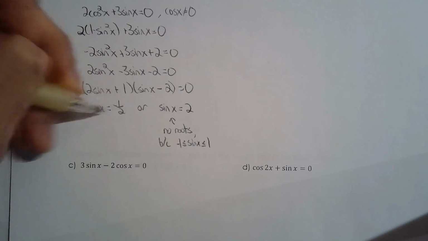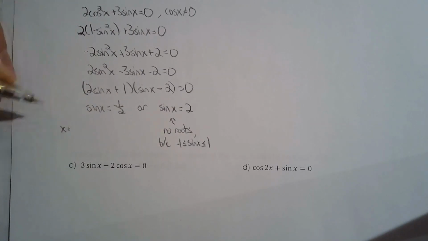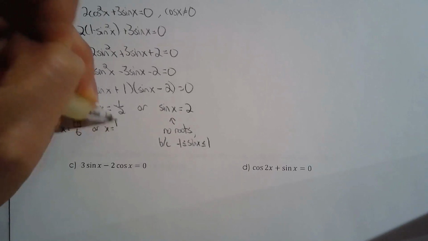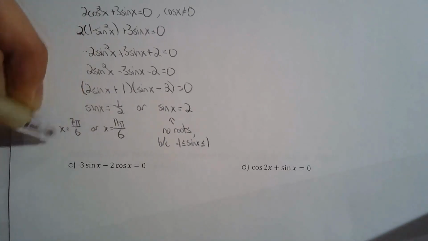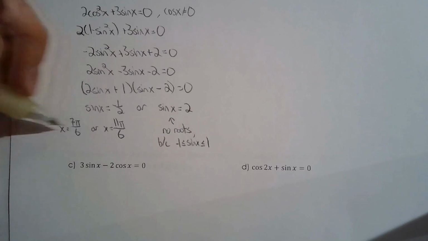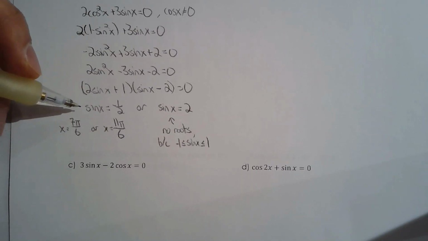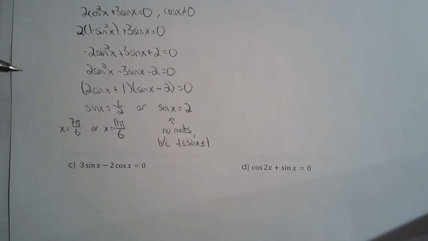All right, so sine x equals -1/2, no problem. I'm going to get 7 pi over 6 or 11 pi over 6. If I can get exact solutions, you definitely have to give me exact solutions. I don't want to know what 7 pi over 6 is approximately. You only give me approximate solutions when necessary, like in the previous question, where I had a ratio of 1/3.